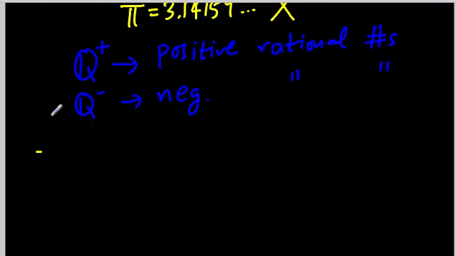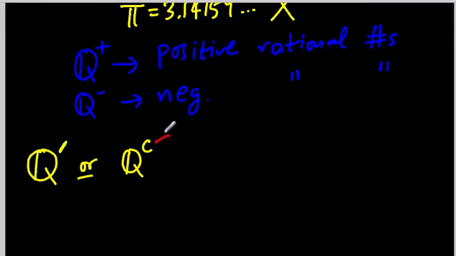Now, the next very important set. We describe Q as the set of rational numbers. What about the irrational numbers? How would we write them? We write a Q, and we express it in one of two ways. We can either put a little prime, or we put a little Q with a little C, and this C means complement. It's not a compliment like a little thank you or anything like that.